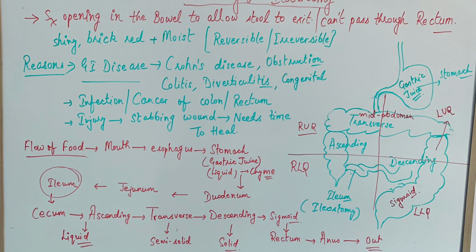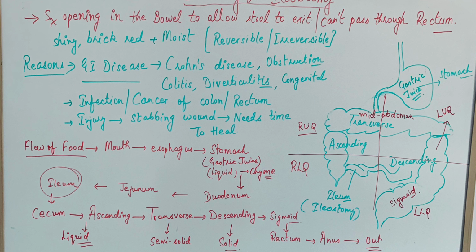Now the other thing commonly asked in the exams is the location of different colostomies and the type of stool formed in these ostomies. So let's begin with that. First of all, we should know the normal flow of food through the GI tract. Food goes to the mouth, then the esophagus, then the stomach, where there is gastric juice.